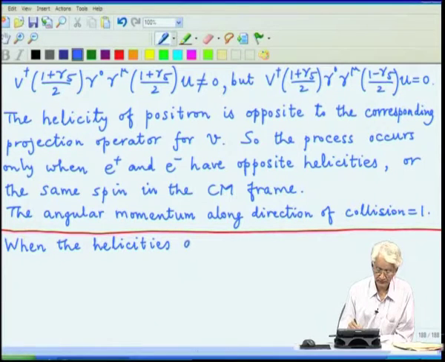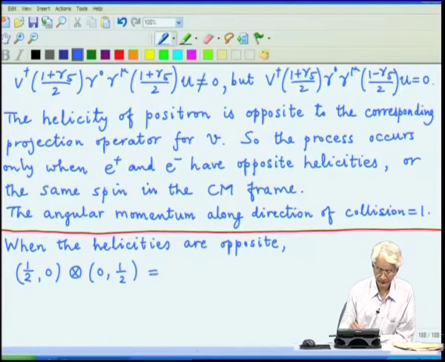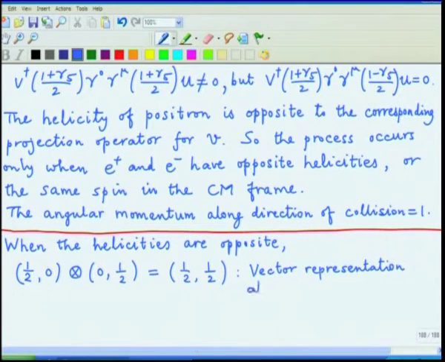So, when the helicities are opposite, we have the combination of the spinors, say (1/2, 0) tensor product with (0, 1/2), which produces the representation (1/2, 1/2), and this is a vector representation, which is the allowed representation for the interaction given by gamma mu A mu.